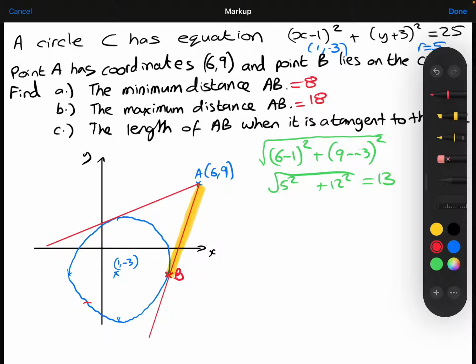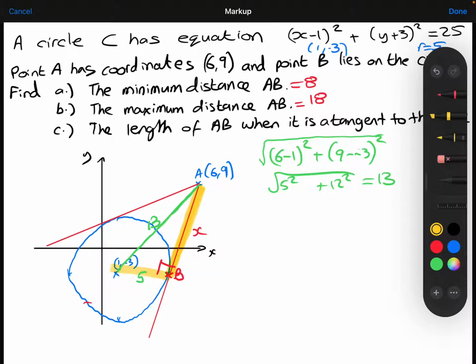Now, one of the key things about tangents is that they are perpendicular to the radius. So this is 90 degrees. Also remember that I worked out previously that this length here was 13, and I know that the radius is 5. So to work out the length AB, notice we've got a little right angle triangle here.